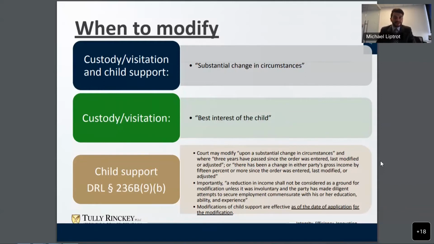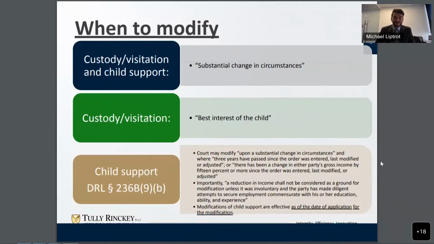And in the case of custody and visitation modifications, that change in circumstances is not enough. You have to prove that things have changed, and what you're asking to do based on that change is in the best interest of the child, not necessarily your best interests.